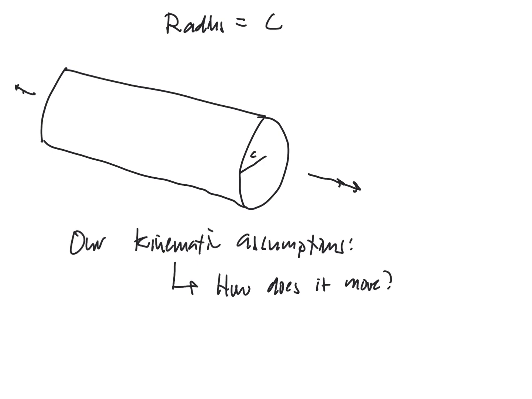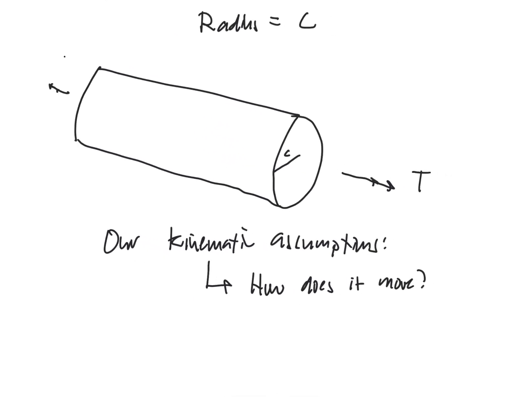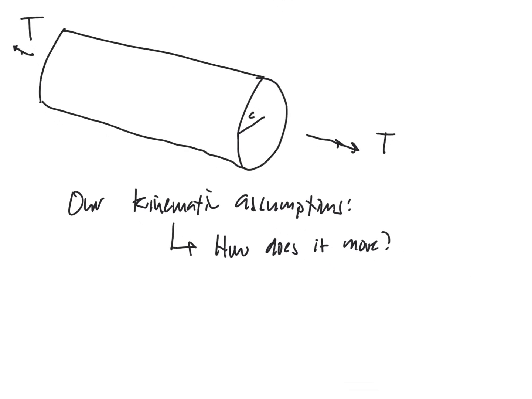And so what we're going to do is make and state a number of assumptions about the way that this particular solid deforms under an applied torque. We'll go ahead and put the T there. And if we have a T there, then we also have to have a T here. So we are going to make a number of kinematic assumptions about how this deforms, and somewhat incredibly, the simplest possible explanation is the one that's correct.